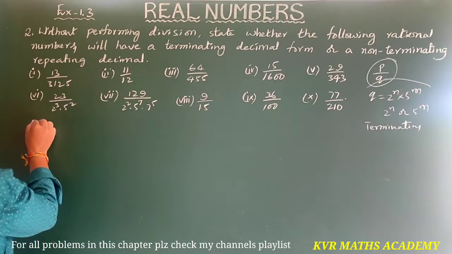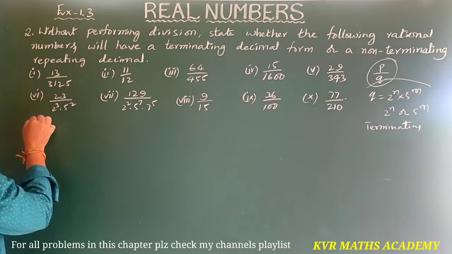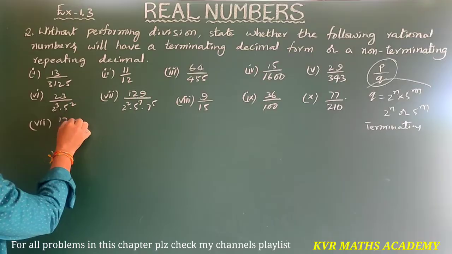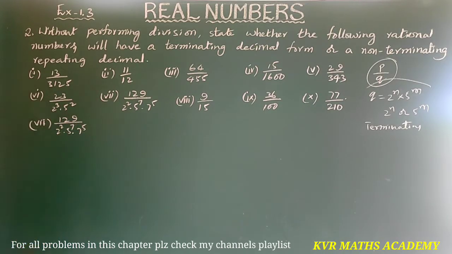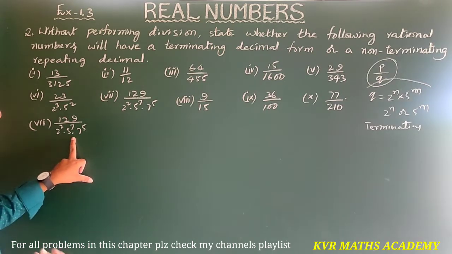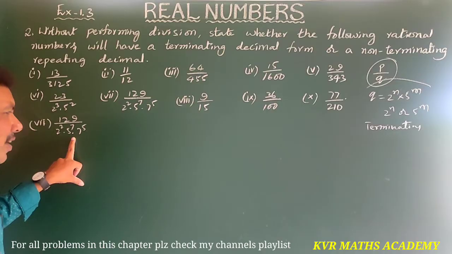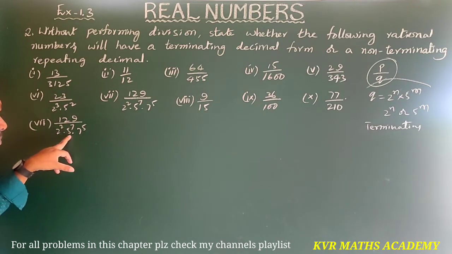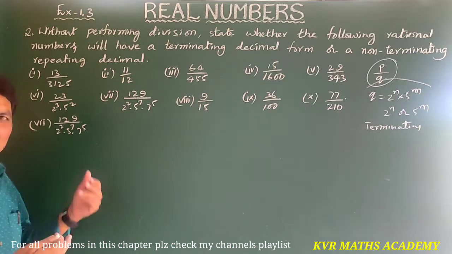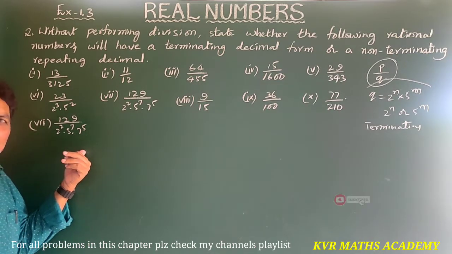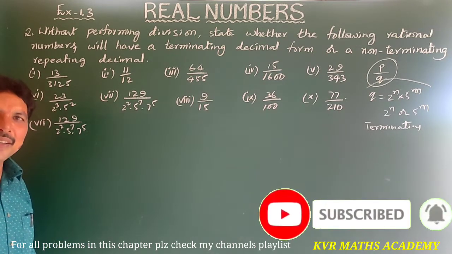Next, seventh one, 129 by 2 square into 5 power 7 into 7 power 5. Here clearly the denominator is not in the form of 2 power n into 5 power m. See, 2 power n into 5 power m is there. Again 7 power something is there. So that's why it is non-terminating repeating decimal.